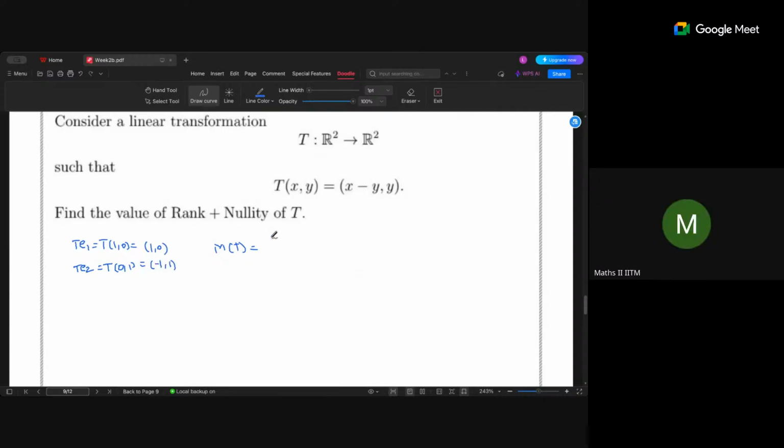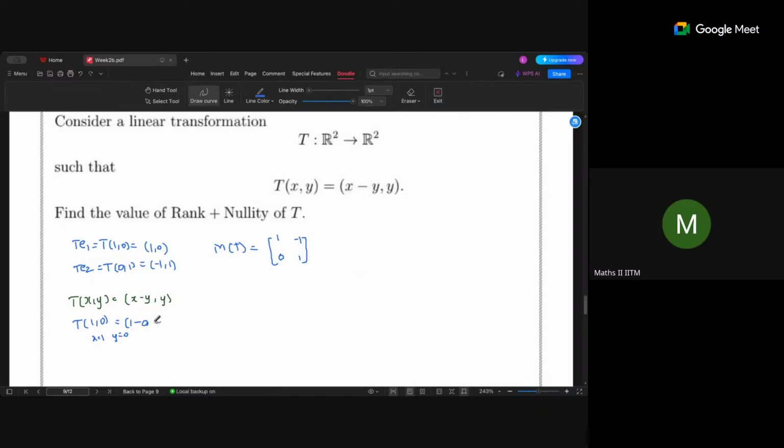Excuse me, ma'am, I'm stuck solving this T1 and T2. Can you please clarify how to deal with it? I understand your issue. We are trying to find T of 1, 0, so we put the X value as 1 and the Y value as 0, and I get 1, 0.